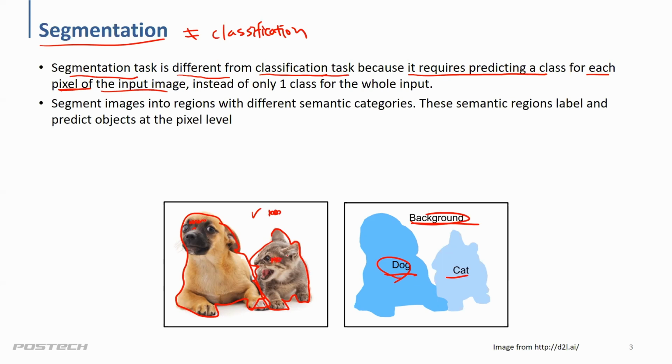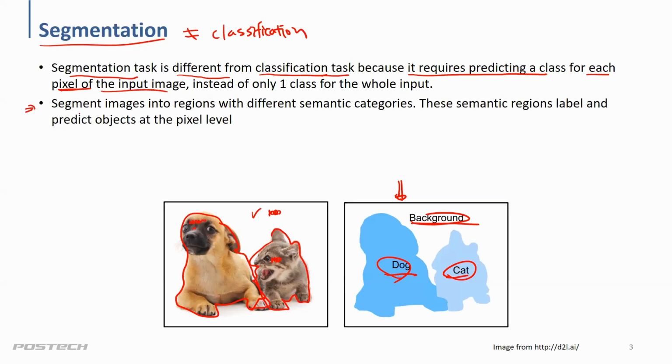Over there, this pixel is cat. So if we want to do this kind of thing, that means we have to do classification for each pixel. So it's a much harder problem than classification.